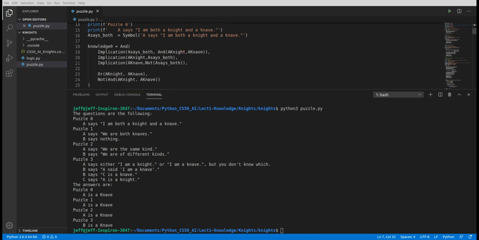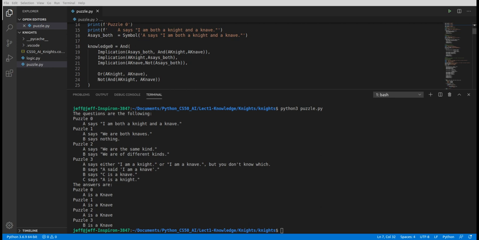There are actually 4 of them, and create what is called a knowledge base for each one. I'm showing you at the top of the screen the knowledge base that's set up for puzzle number 0. In that puzzle, A says, A is one of the characters, I am both a knight and a knave.